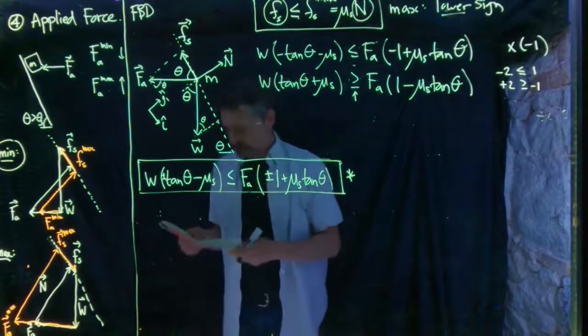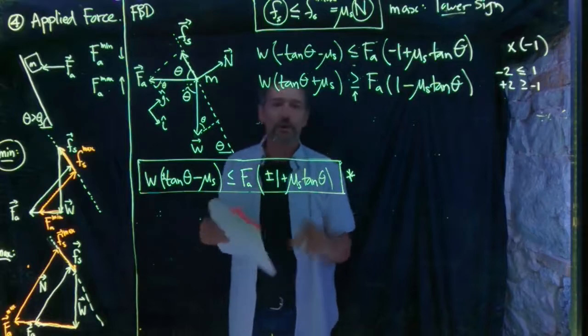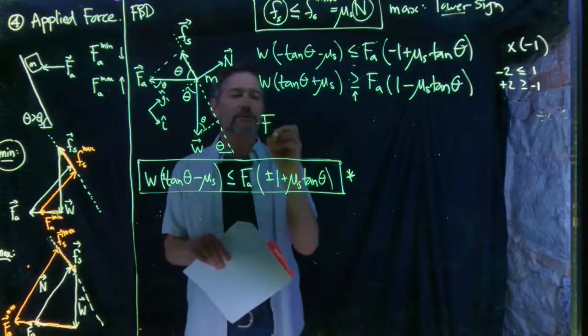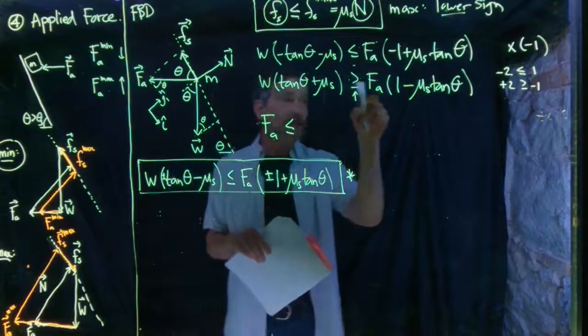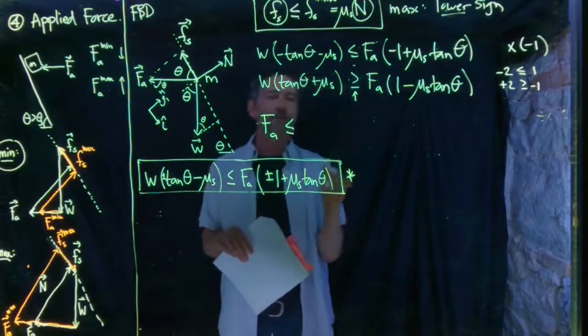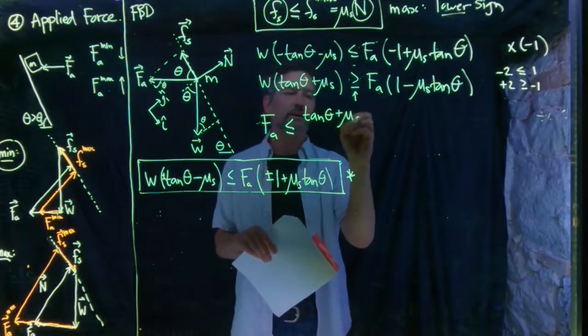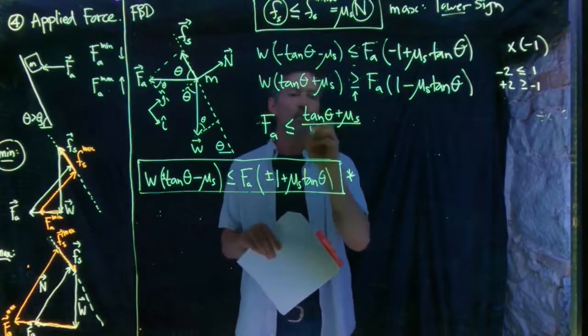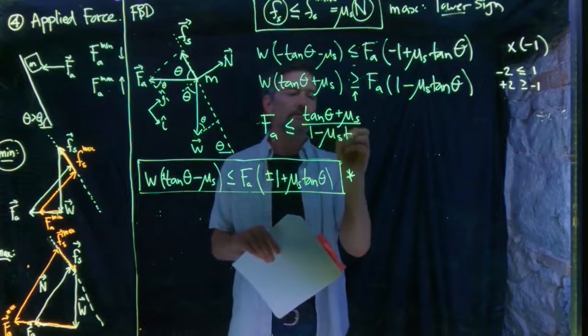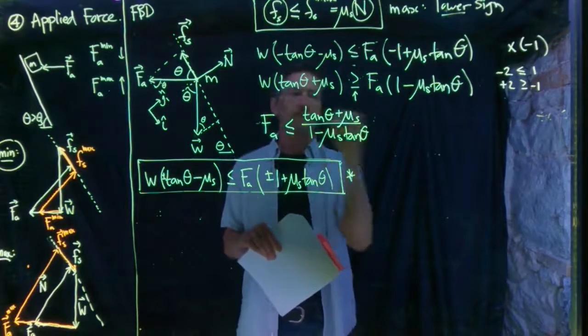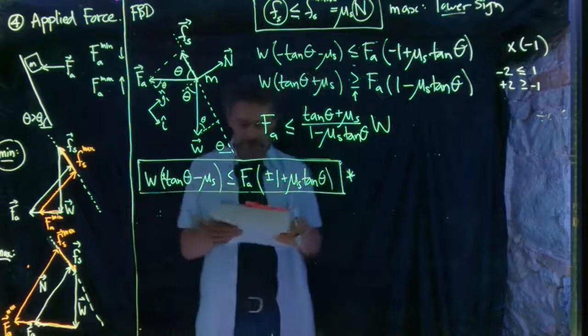Okay, so let's crank that out. So we get that the applied force now is less than or equal to this over this. So that's tan theta plus mu s divided by 1 minus mu s tan theta, and times w, the weight. Okay, so that's our expression.